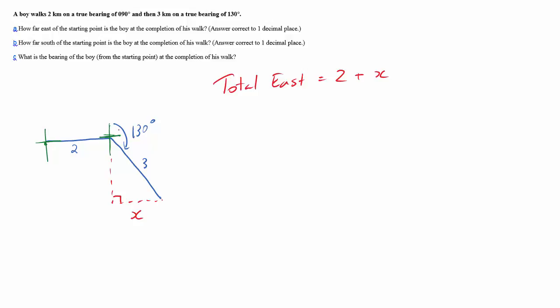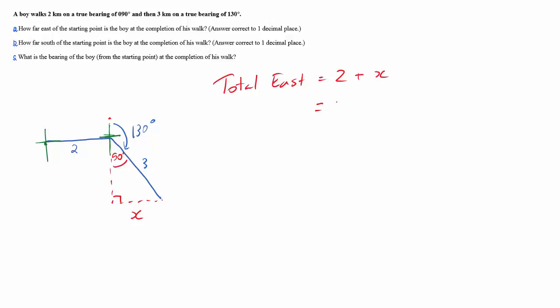The angle in here, remembering, was 130 degrees true from this point here. So the angle down here is going to be 180 minus 130, so the angle inside here is going to be 50 degrees. That's because the north-south line there is 180 and we had 130 degrees. The two of these add up to 180.